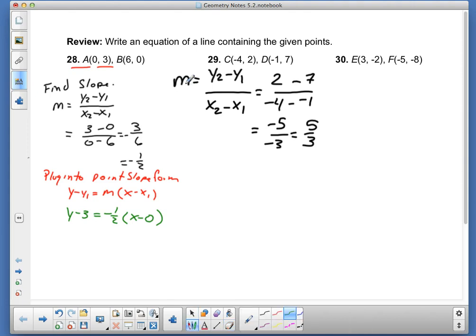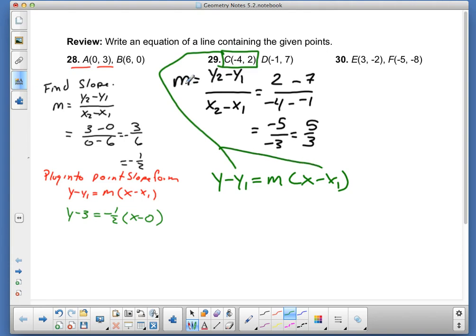The second part of this is recognizing you're going to take point slope form, and knowing that point slope form has subscripts, again, for the point you're going to substitute in. And you have 2 possible choices. I'm going to just pick C. My y, my x is going to go there, my m is going to go here.